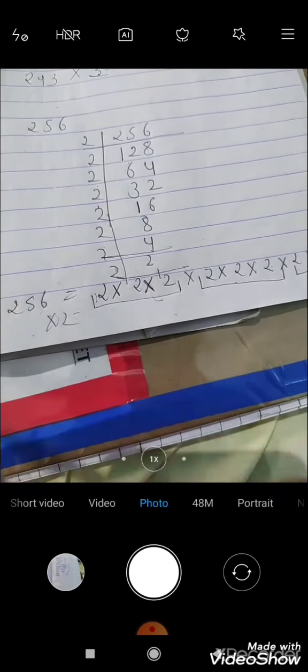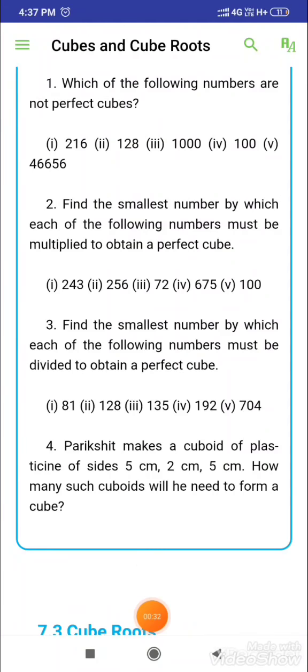If we multiply this number by 2, then we obtain a perfect cube. In this way you can solve the remaining parts of question number 1 and question number 2.